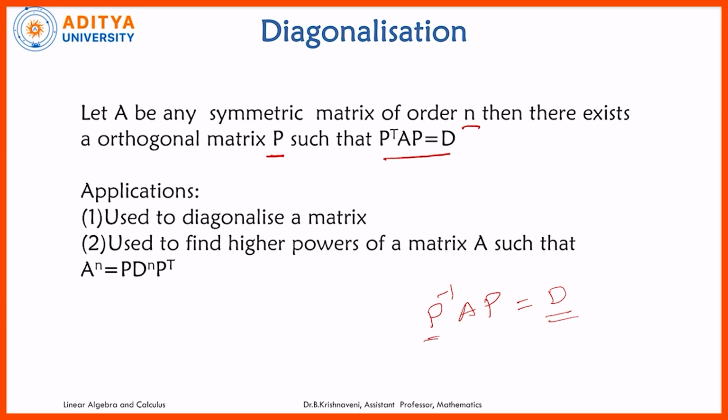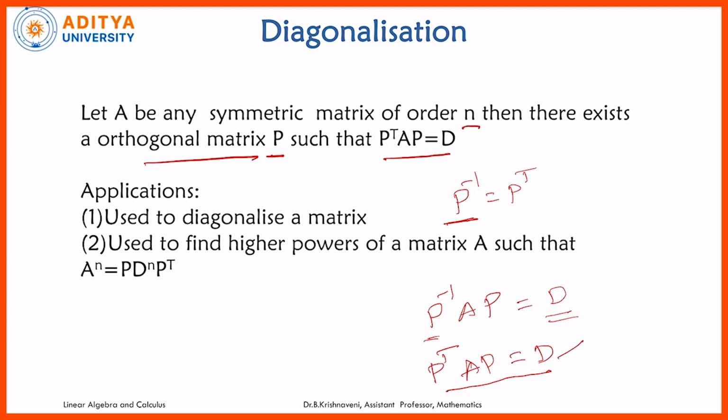Since P is an orthogonal matrix, P inverse is equal to P transpose. So we can replace P inverse with P transpose. The equation becomes P transpose AP, which gives the diagonal matrix D. This we call diagonalization using orthogonal reduction or orthogonal transformation.